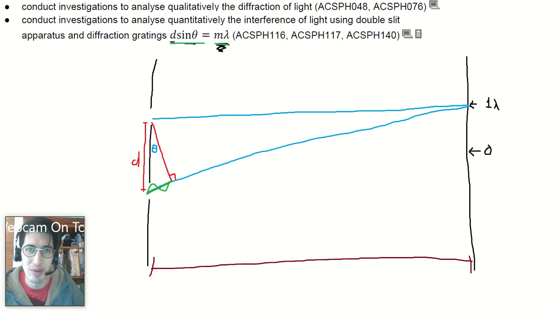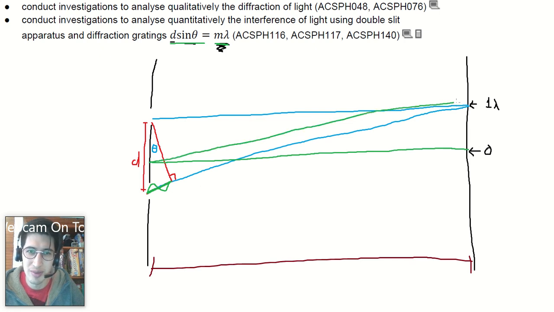Once we make that assumption, we can actually say that theta is about the same angle as the angle between the middle of the screen and this first point, right?